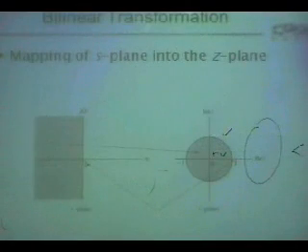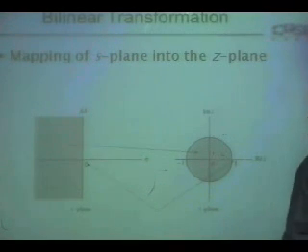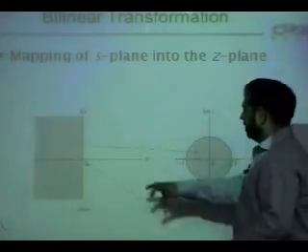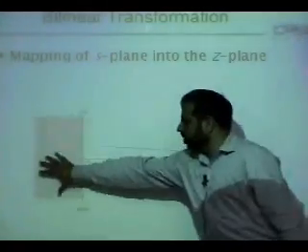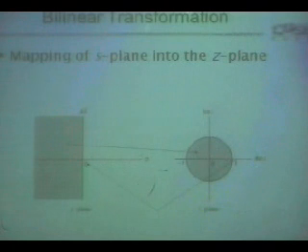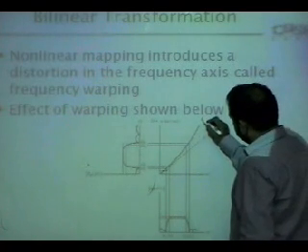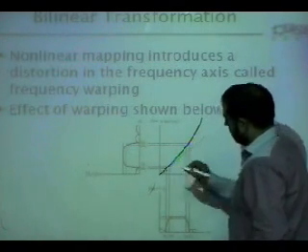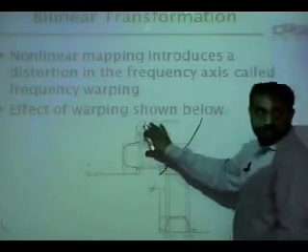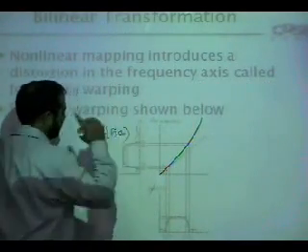So this is the bilinear transformation, which says that the unit circle is the j omega axis and this whole plane will be mapped inside the unit circle. This is really the effect of warping, that curve. This is your Hc of j omega.